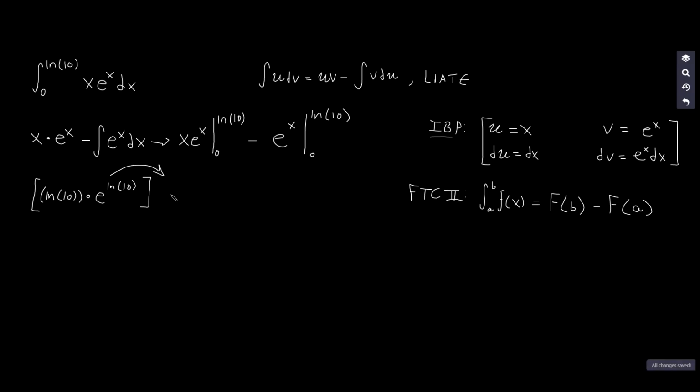The rule here is that if you have e raised to the power of the natural logarithm of a, it's 10 in this case, these guys are going to cancel, and it's just going to leave you with a. So in our case, e raised to the power of the natural logarithm of 10 is just going to equal 10. The natural logarithm of 10 times 10.